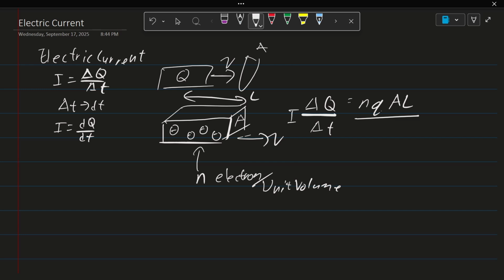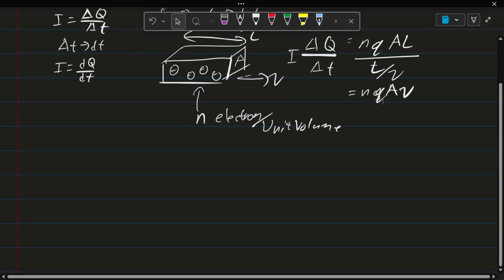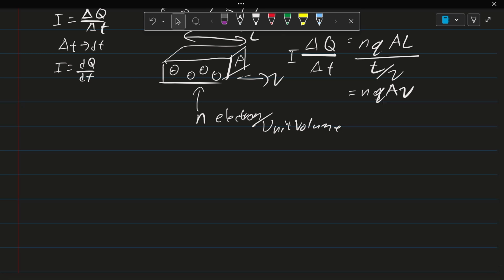From classical mechanics, the change of time is the length over velocity. So this obtains nqAv. This is pretty much the definition of current on the small scale. Something to notice here is that if the charge is negative, the velocity is going in the opposite direction of the current. That's something interesting to think about.